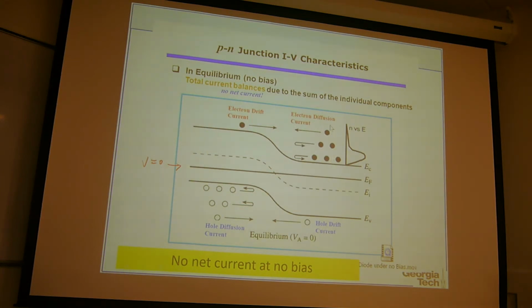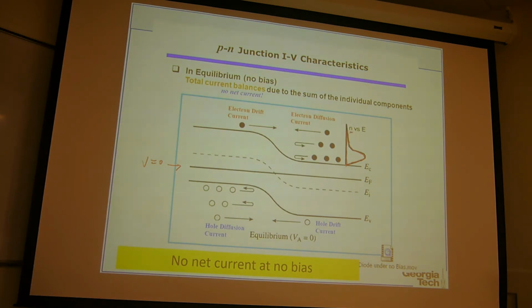The higher location here, or higher level, means higher energy for the electron. So this will follow the Fermi statistics we discussed earlier in lecture 4. This is the distribution of the electron in the conduction band.